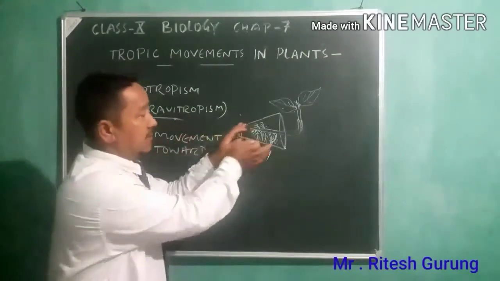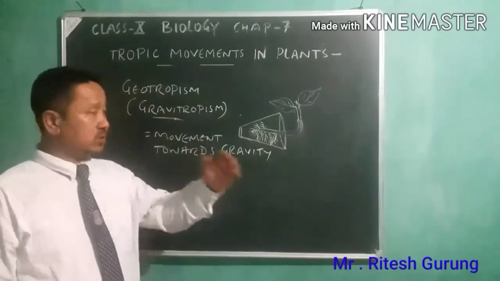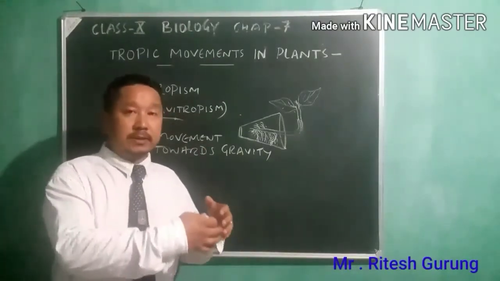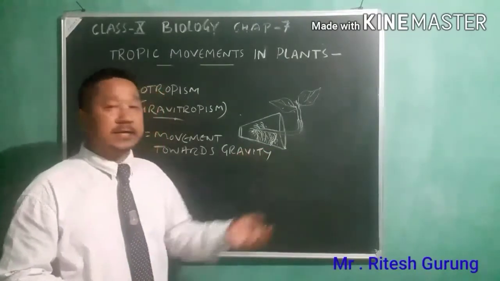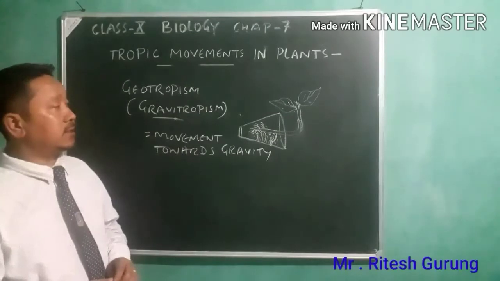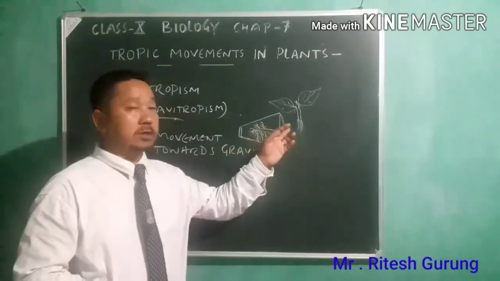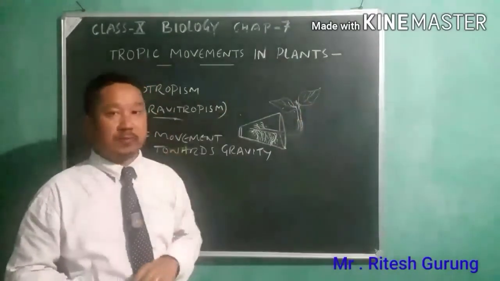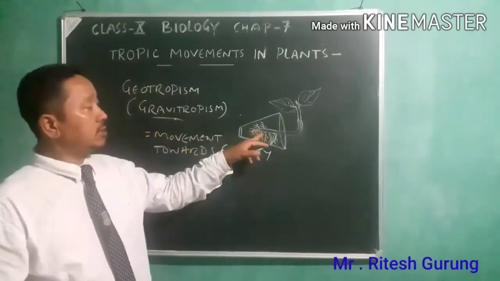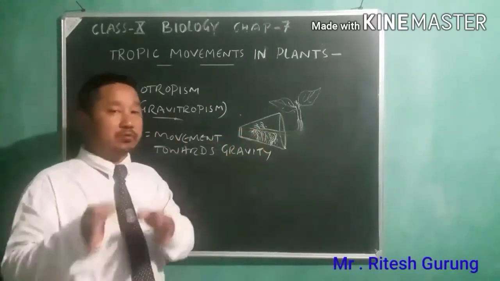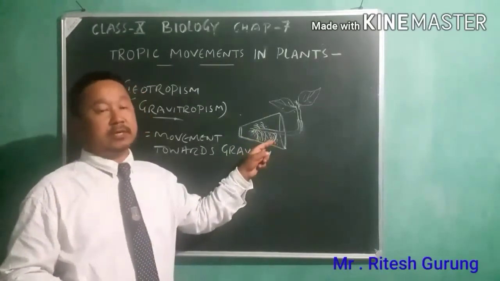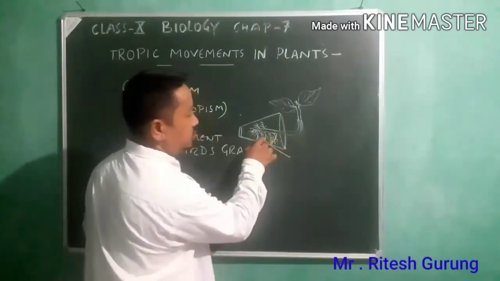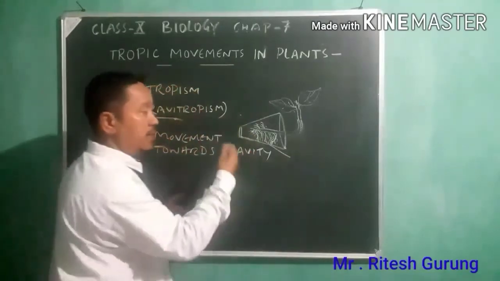But if you tilt it and keep it like this, what you find is that over the course of time, not today itself, not the next day, but in the next few days, you see the movement of the shoot like this, towards the source of light. But you see the root going towards the gravity of the earth. See here, it is like that. So this root is showing the movement towards gravity.